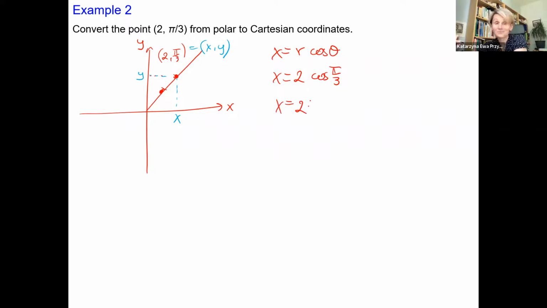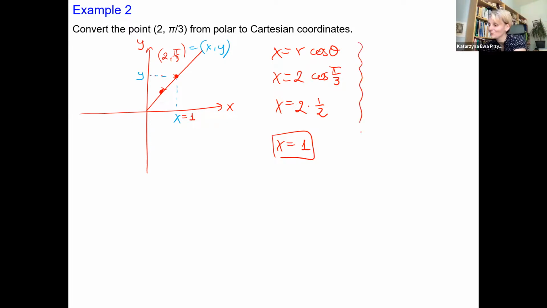What's cosine of 60 degrees? Cosine of 60? Jared, you have to earn some extra credit for representing the classroom every day. Yes, 1/2, so the x coordinate is 1. I think that makes sense.